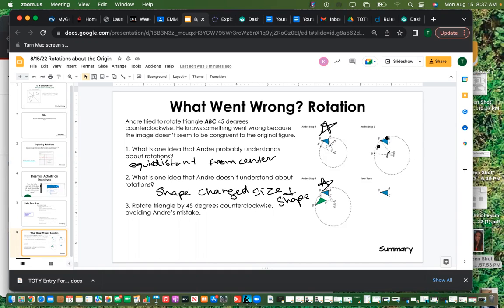So again, I would trace over this picture and then rotate it 45 degrees. So it's going to be something like, I go from here to here, and from here to here. It's going to look like that roughly.